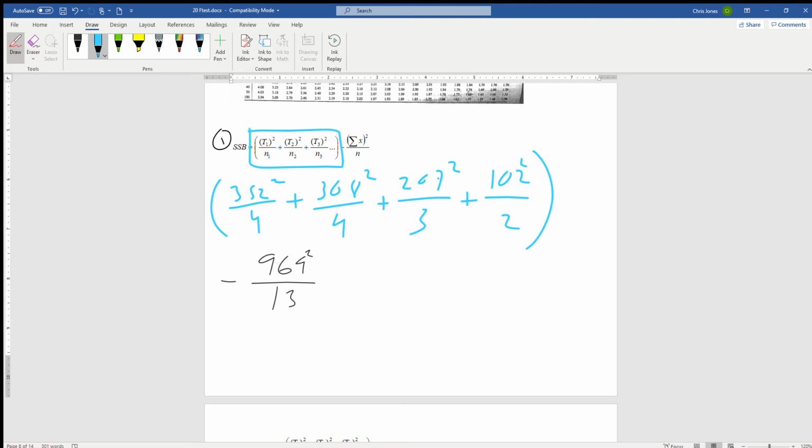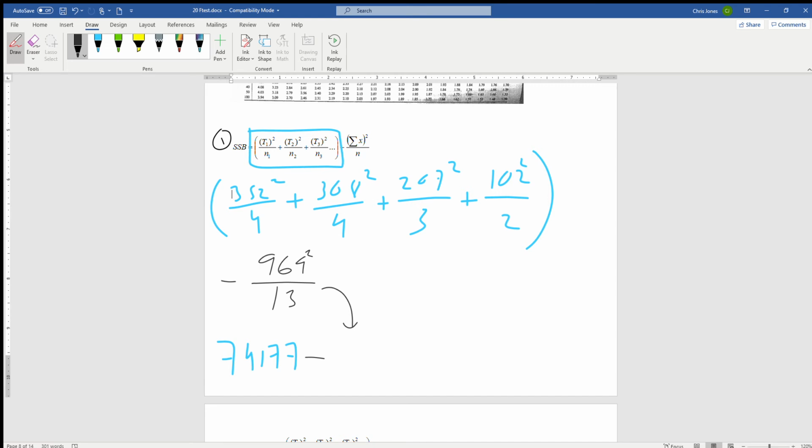Just bear with me one moment. And I end up with 74177. Now from that, we're going to subtract 969 squared over 13.